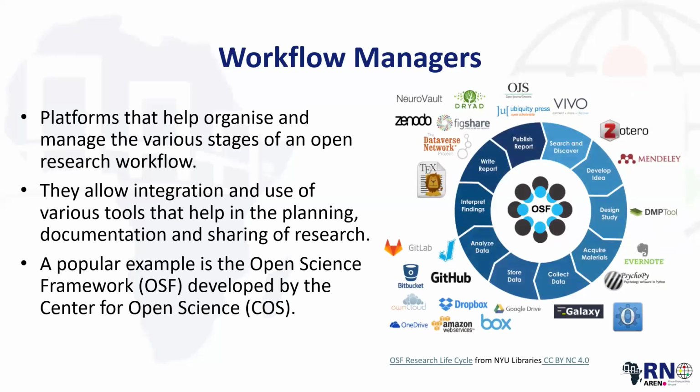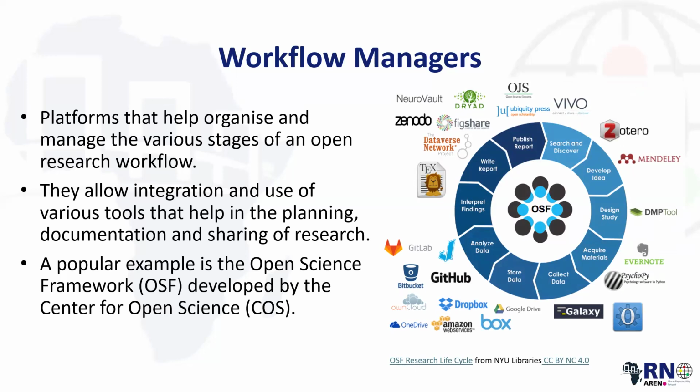There's an image that shows the OSF platform and the various tools you can use. You can see that these are plenty, a lot of tools, a lot of options. So you need a platform that will help you integrate them easily, and that's what OSF does. If you want to start your research by discovering papers that have been published, you can use Vivo.